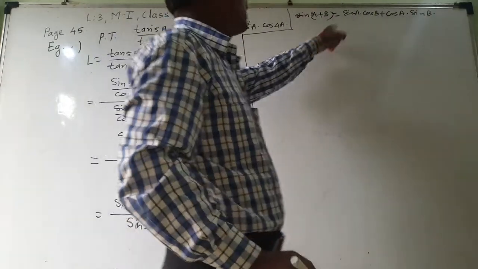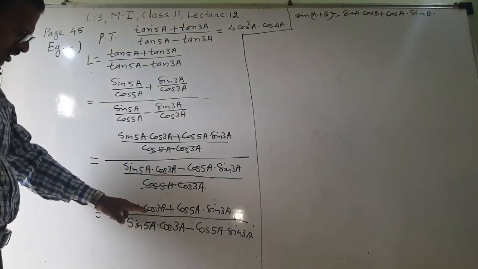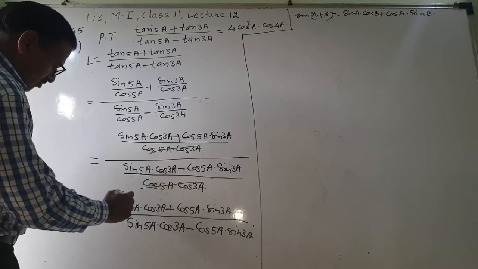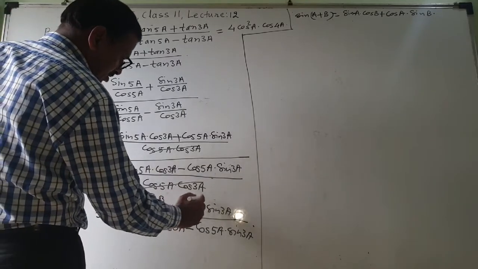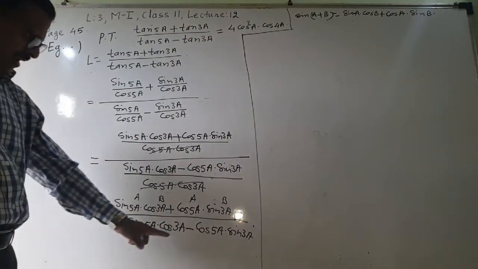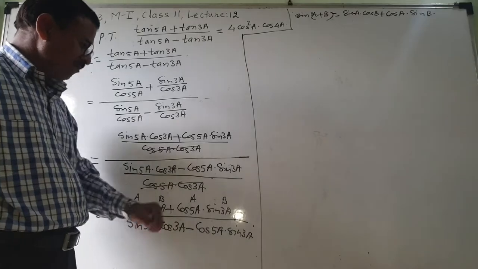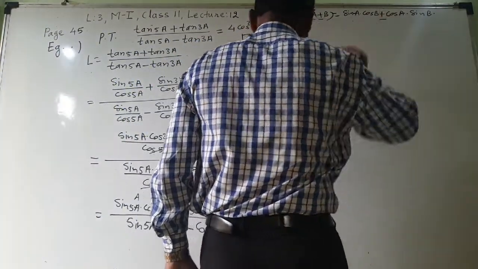Sine, cos, sine. Here also the same, sine, cos, sine. So this is your A, this is your B. Means exactly it is fitting in this formula, and below also it is fitting in the same formula. If it is minus, then here it will become minus.